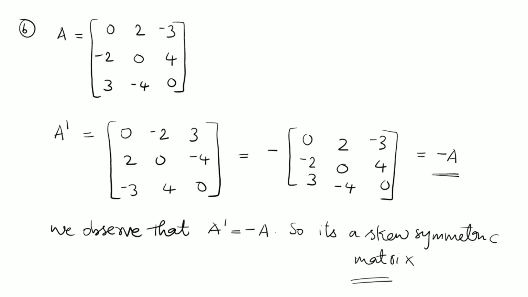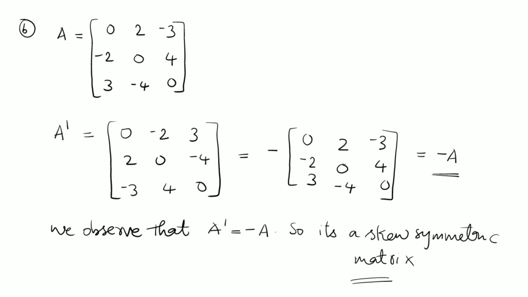After that, write the question, that is the matrix A, what is given, write as it is, don't change anything: 0 2 minus 3, minus 2 0 4, 3 minus 4 and 0.